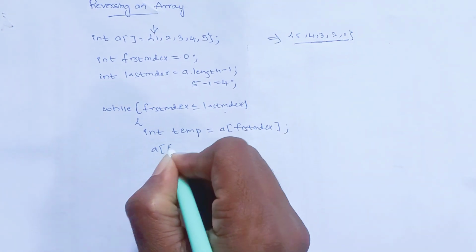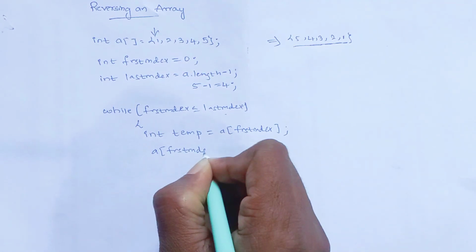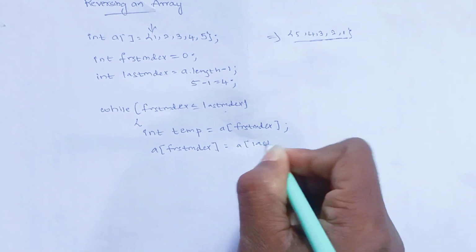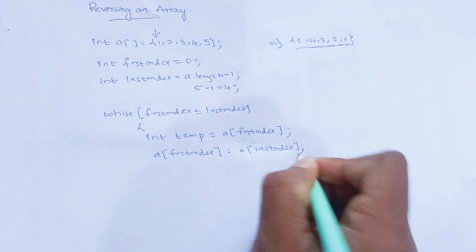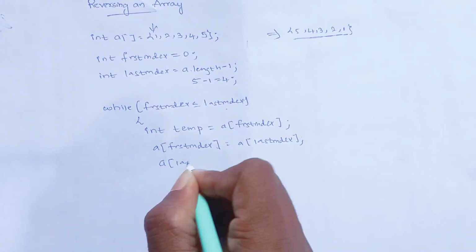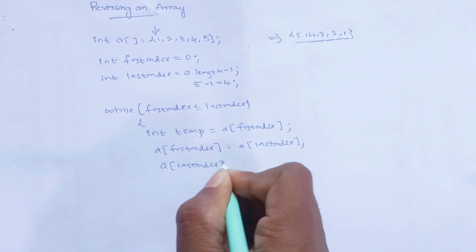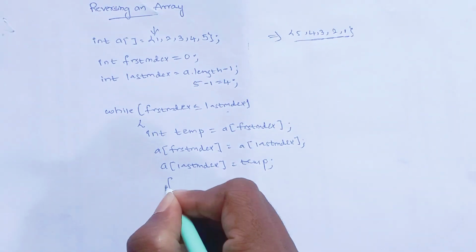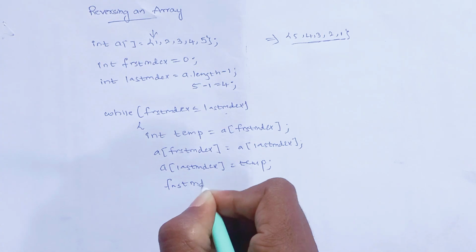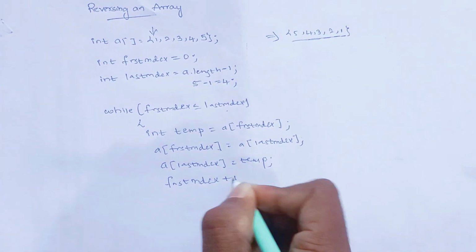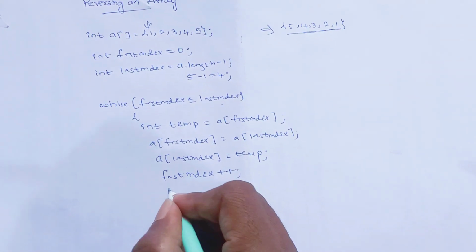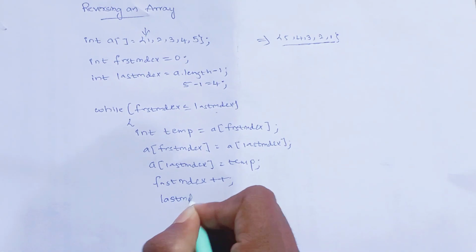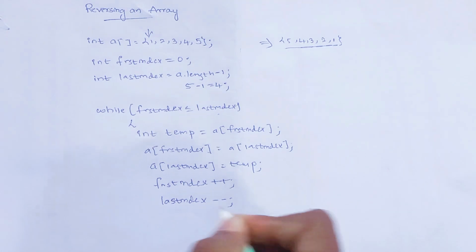Then a of first index equals to a of last index, then a of last index equals to temp. Then we need to increment the first index by 1, that is first index plus plus, and decrement the last index by 1, that is last index minus minus.